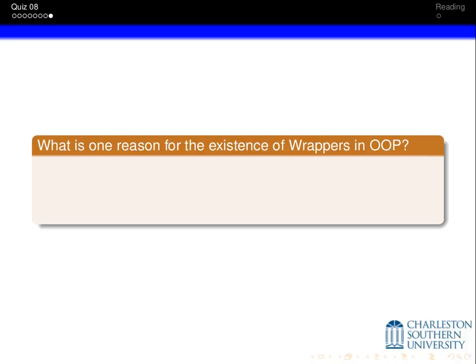What is one reason for the existence of wrappers in OOP? I have many reasons, but I just want one. What was the big wrapper we talked about last time? The integer. Okay, integer was one wrapper.